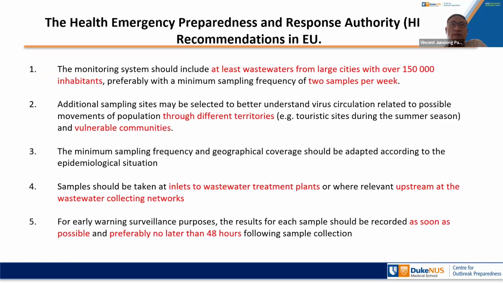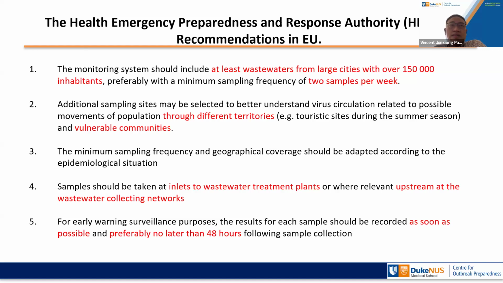Further recommendations come from the European Union's HERA, the Health Emergency Preparedness and Response Authority. They recommended at least wastewater from large cities with over 150,000 inhabitants, to ensure efficient use of resources for peacetime monitoring of priority pathogens, with a sampling frequency of 2 samples per week. Additional sampling sites can be increased depending on the epidemiological understanding of the disease of interest, based on the at-risk profiles and at-risk activities of the populations, which include vulnerable communities.